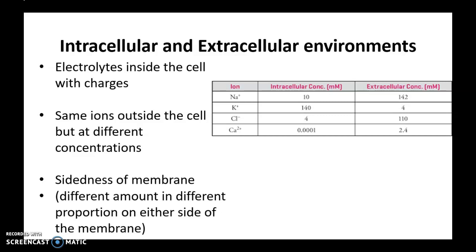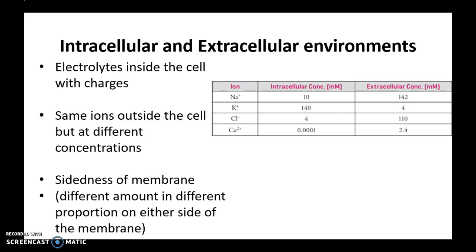Okay? Now we will look at the chart. On the left-hand column, we see different ions. We see sodium, potassium, chloride, and calcium. And the other two columns tell us the intracellular concentration of each ion and then the extracellular concentration of each ion. Let's take sodium, for example.